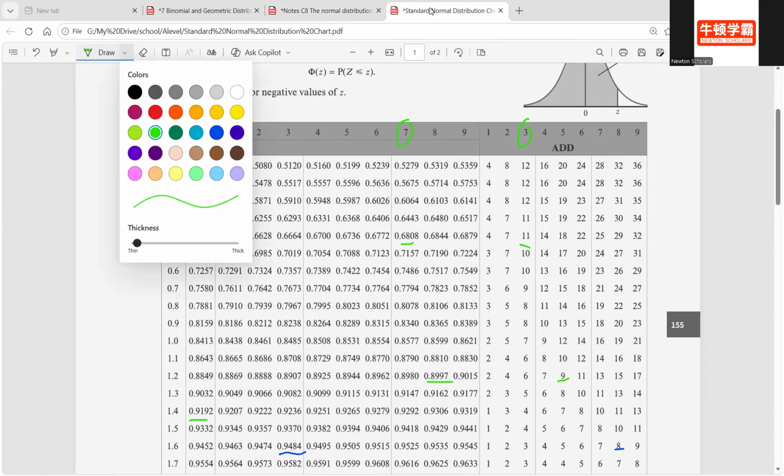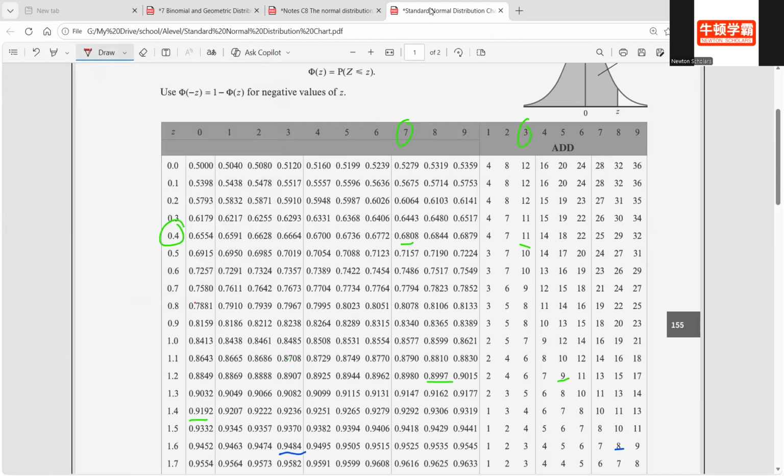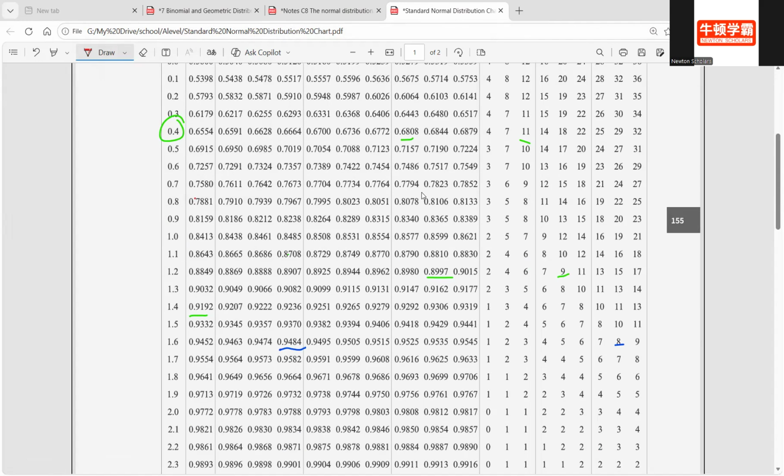Let me use other color. 1.79. You plus back now, so you will get 0.9625 plus 0.0008. I will get 0.9633.